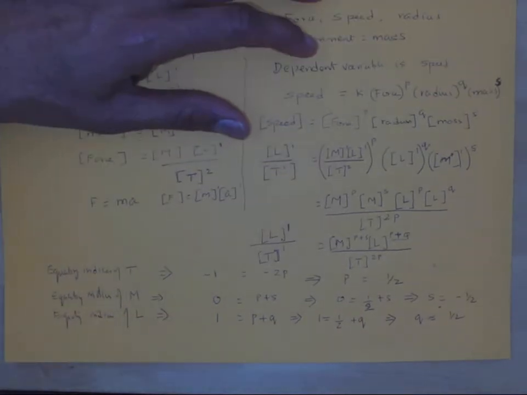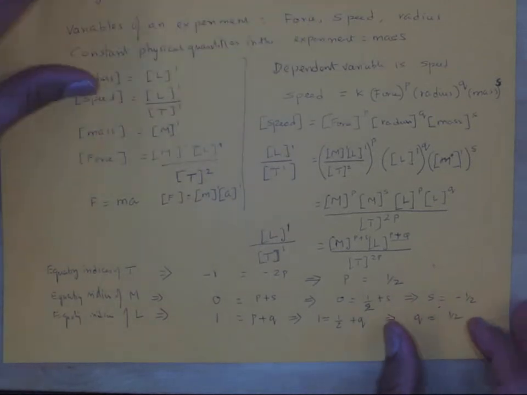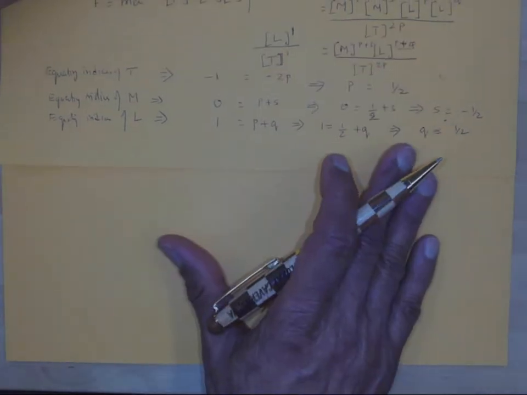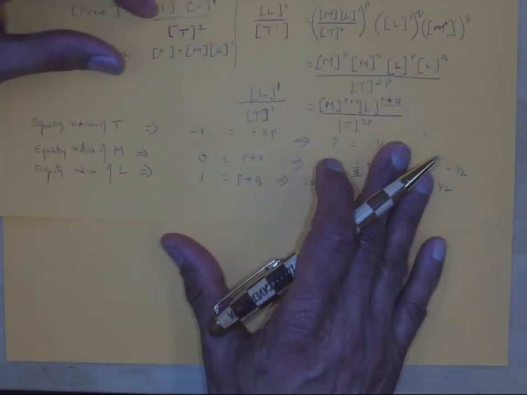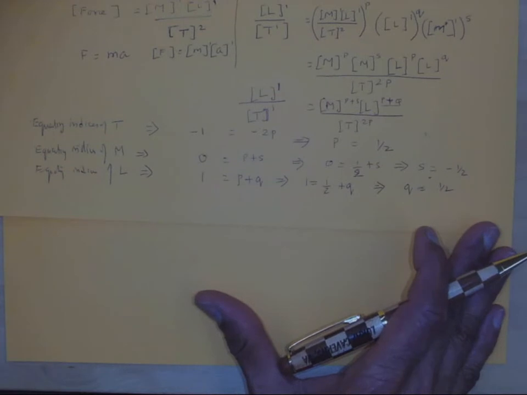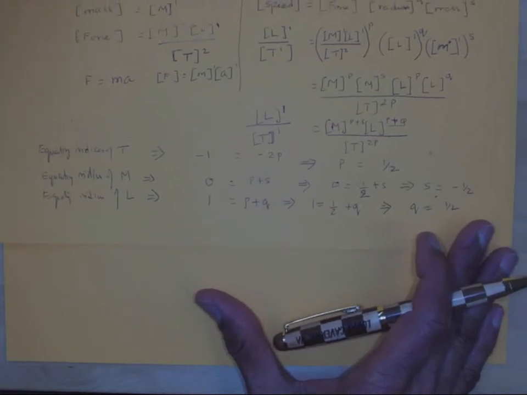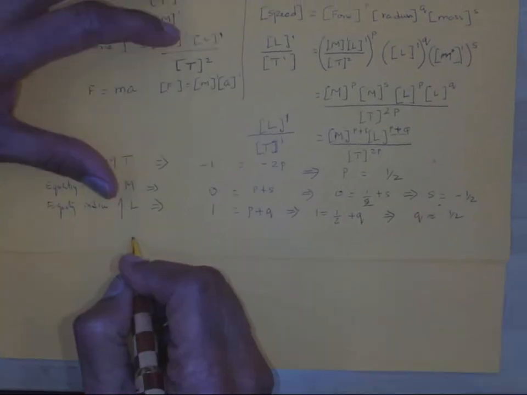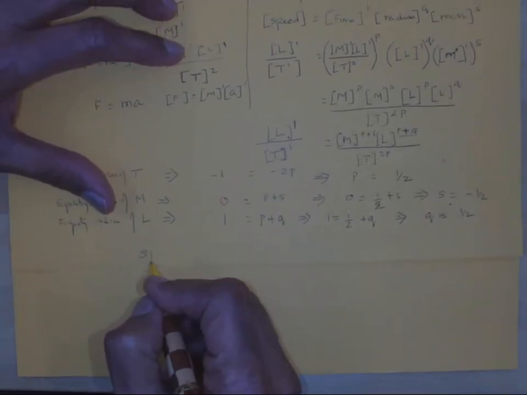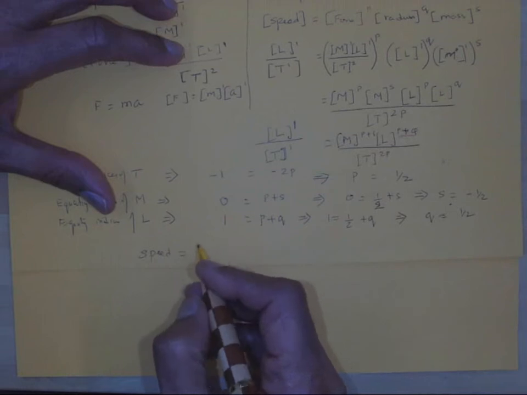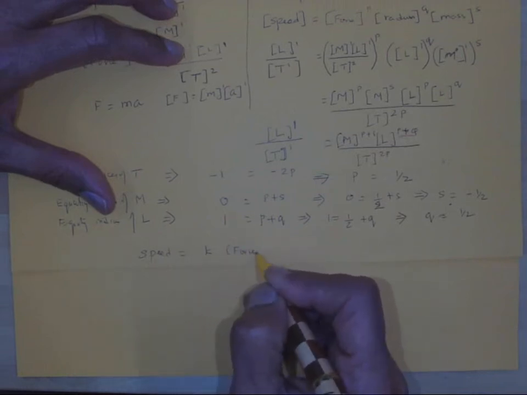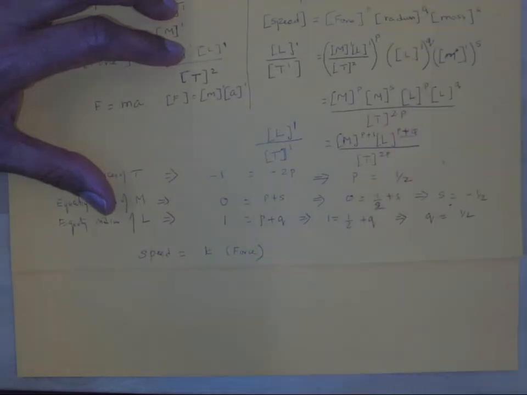This would mean that this whole thing would become, going back to the same thing, let us rewrite the equation of speed is equal to k times force raised to p.